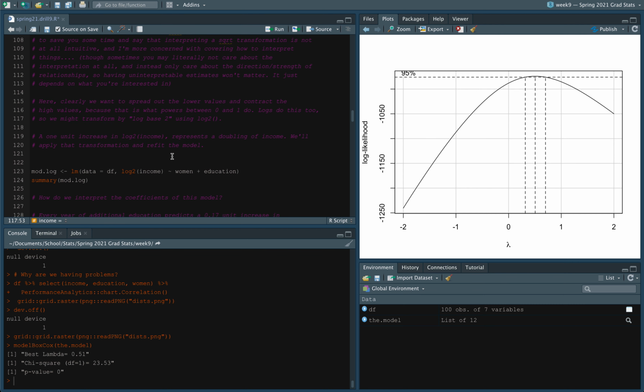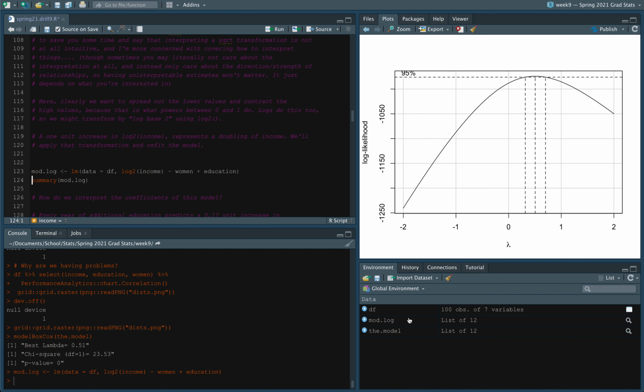So when we apply that transformation and refit the model, it's the same model, but instead of income regressed on women and education, it's log2 income regressed on women and education. This is now called mod log, our log transformed model.